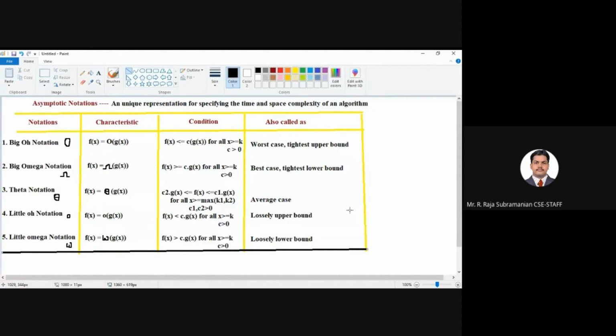By seeing this we cannot identify, but by doing the problems we can easily. You should understand what the tightest bounds are and what the loosely packed bounds are. If I ask for tightly packed bounds and give big O, big omega, and some other thing, you should think none of the above, and be able to select that.